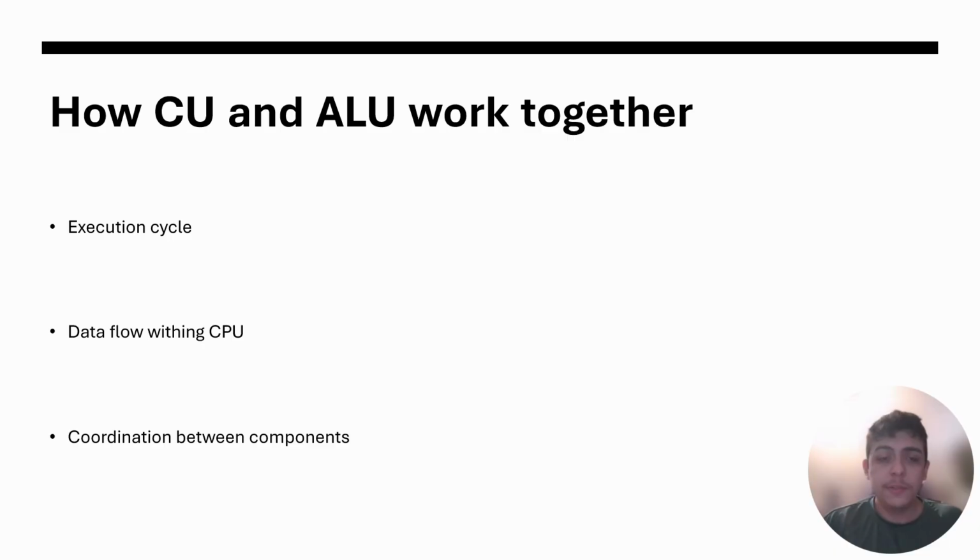Okay, so next we're going to be talking about how the CU and the ALU work together. The control unit and the arithmetic logic unit work together during the instruction cycle to process program instructions. This process typically begins when the control unit fetches an instruction from the memory and then decodes it to determine the required operation. Once the instruction is interpreted, the control unit directs the appropriate components to carry out the task.